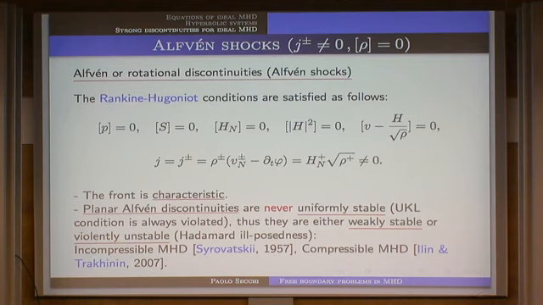So they can be weakly stable or violently unstable, but I don't know if there is a description of the two regions, of a weak stability region and a violent instability region on the other side. I don't know. And this was proved by Syrovatskii for the incompressible case and Ilin and Trakhinin for the compressible case. This is for linear constant coefficients.